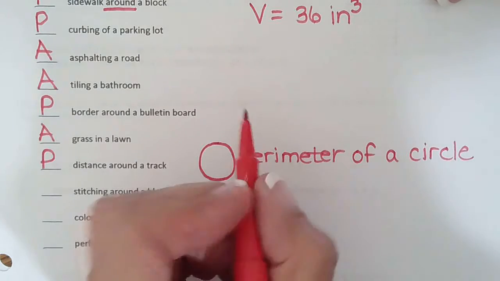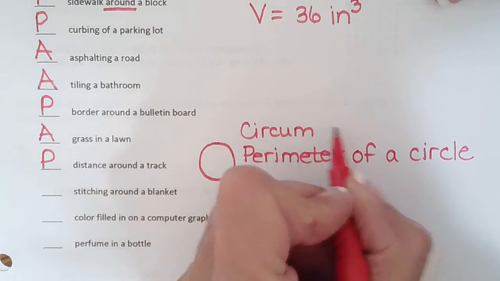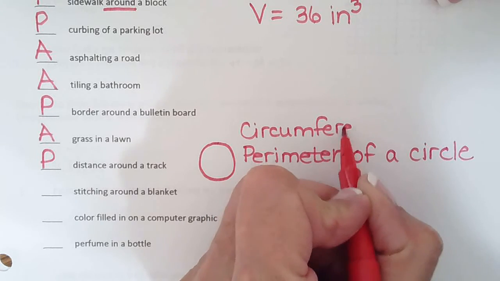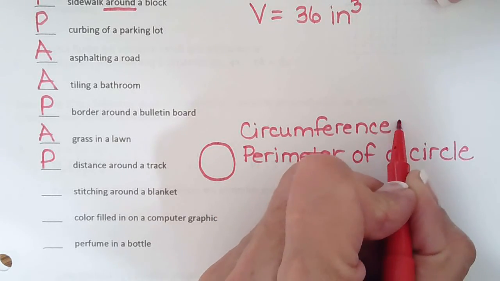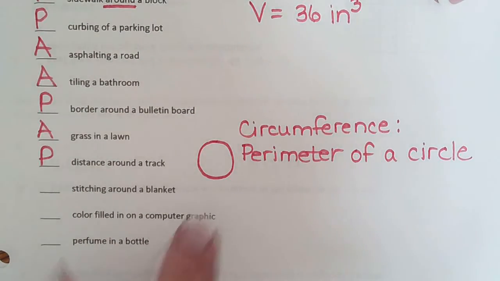So we just don't call it perimeter, but it's the same thing. It's the distance around the outside of the circle. So instead of calling it perimeter, we call it circumference, but it's the same thing.